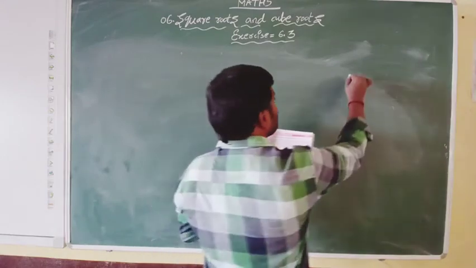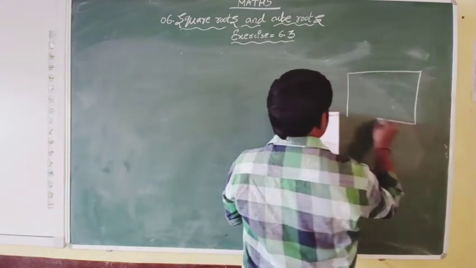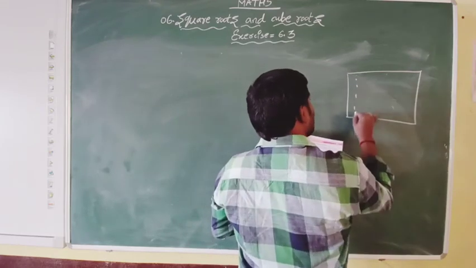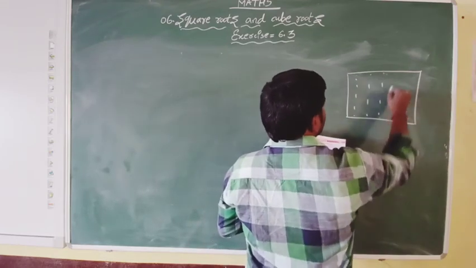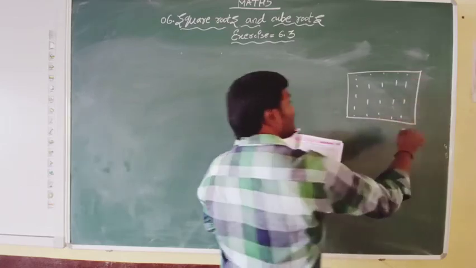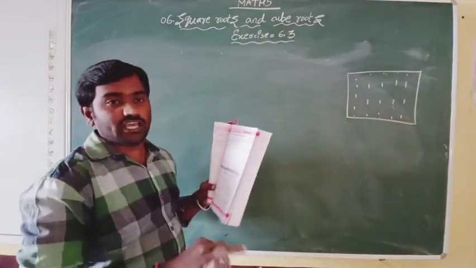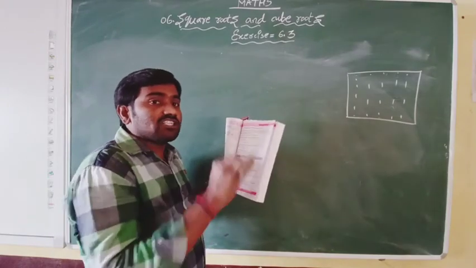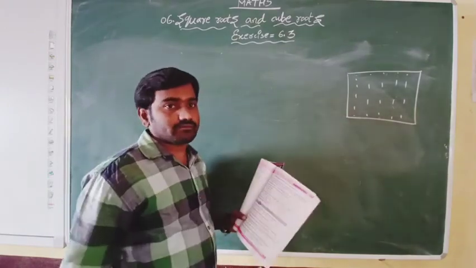So a gardener wishes to plant plants. We want to put some plants in the square shape only. Square shape in the sense the number of rows and number of columns will be the same. In the square shape you want to put some plants.